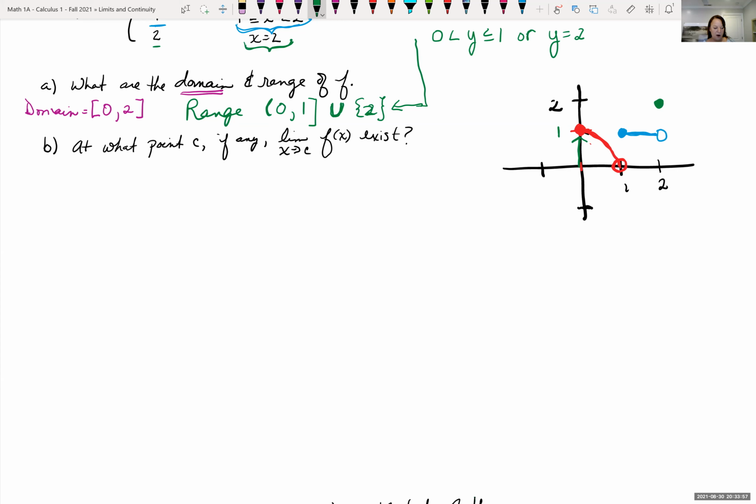And part B says, at what point c, if any, does the limit as x approaches c of f of x exist? So if our domain is limited, not from negative infinity to infinity, we can say that our limit exists actually for just one-sided limits. And so if I look at this, I can see that any value of c, and that's my x value, any value between 0 and 1, not including 1, is going to exist.